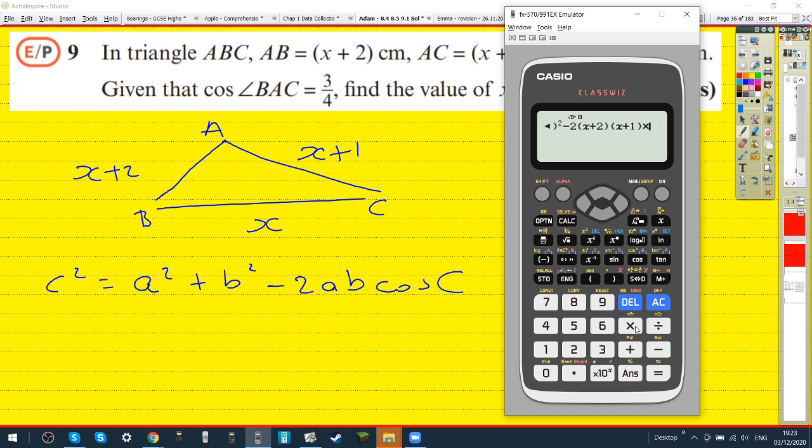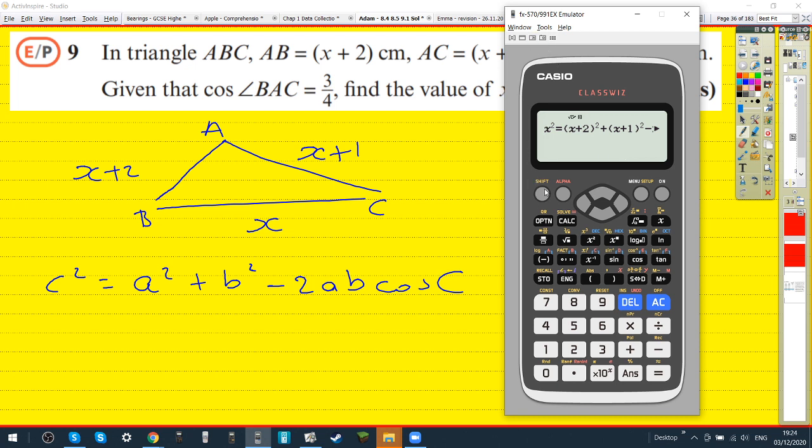I got x equals 5.09. I got 4. So what does your one say? Is yours x squared equals? Yes, I think so. Let me check.